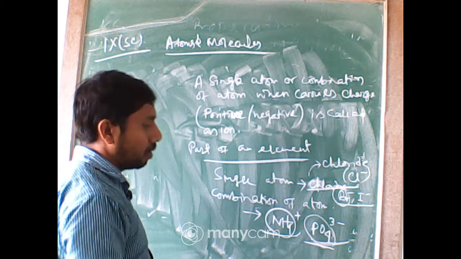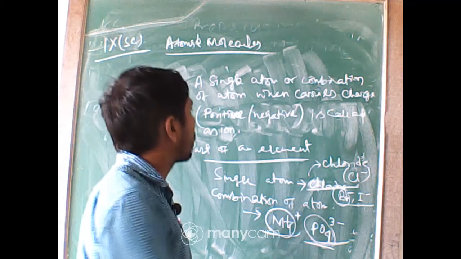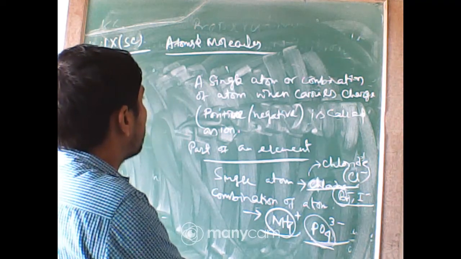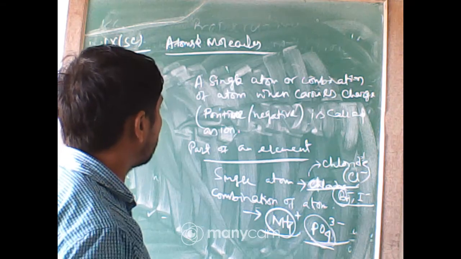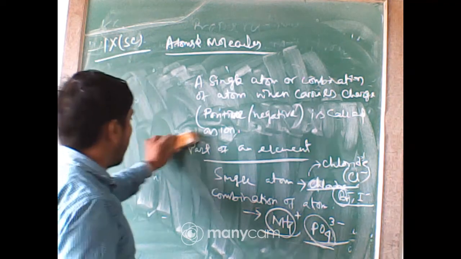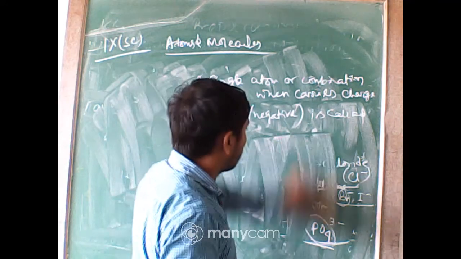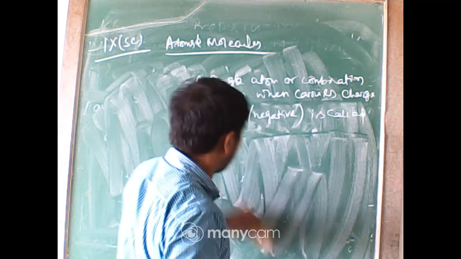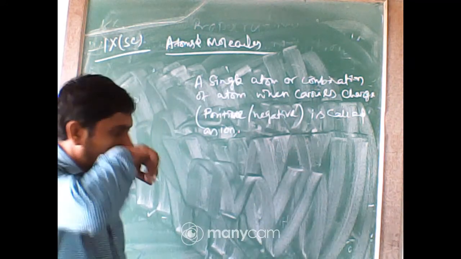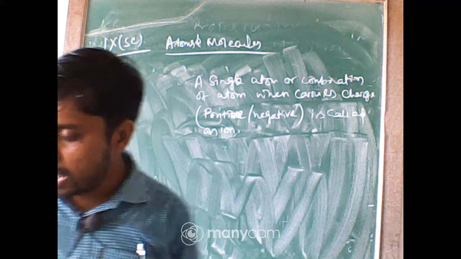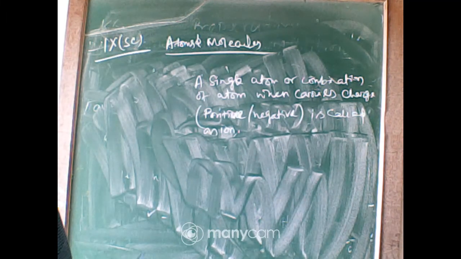And then you will give the example. So, a single atom or combination of atoms when it carries charge positive or negative is called an ion. Okay. This part is there. Now, coming to the examples of some ions.